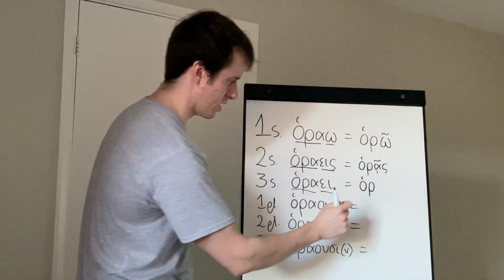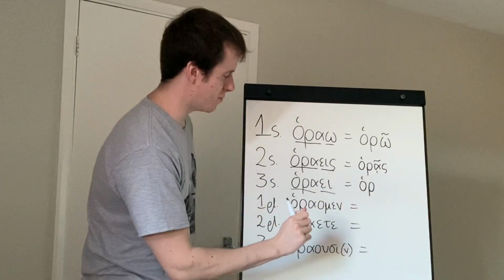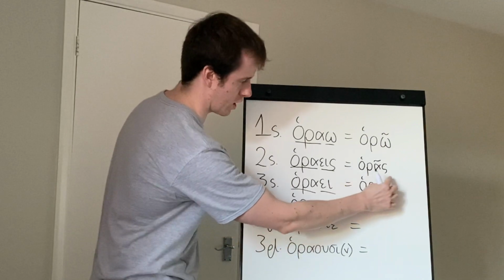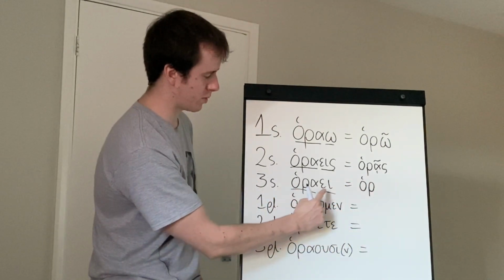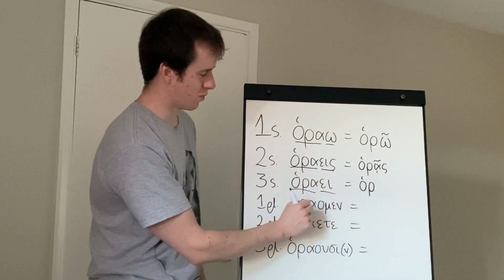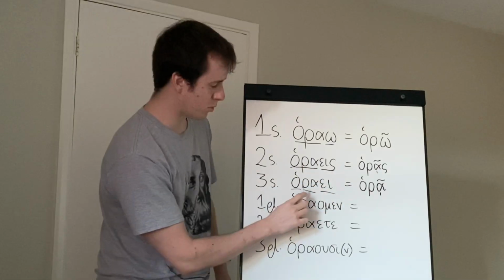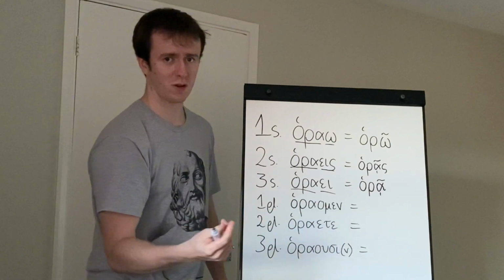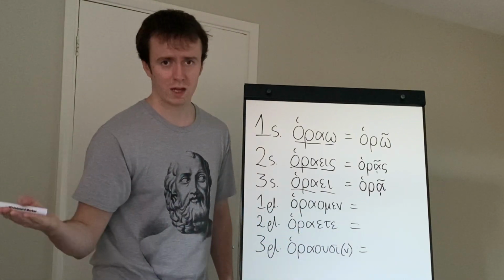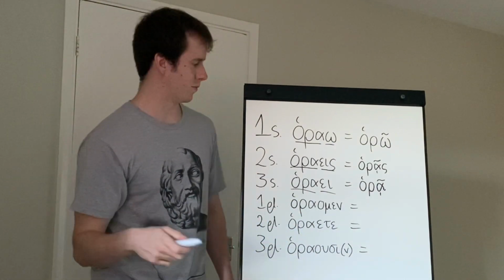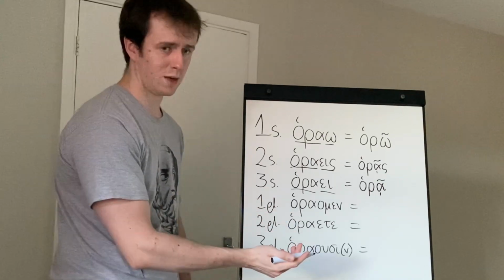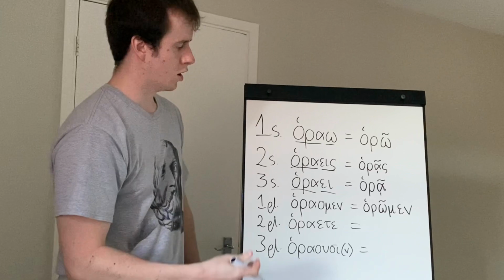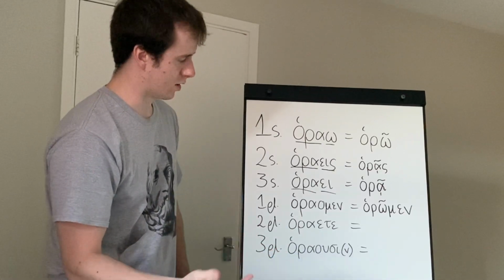What about hora plus ei? I've written hor, but before I finish writing this, you might actually be able to predict this one. If hora plus eis makes horais, what do you think hora plus ei will make, without the sigma at the end? The stem hora plus the person ending ei makes horai, which means he, she, or it sees or is seeing. Hora plus omen makes horōmen, which means we see or we are seeing.